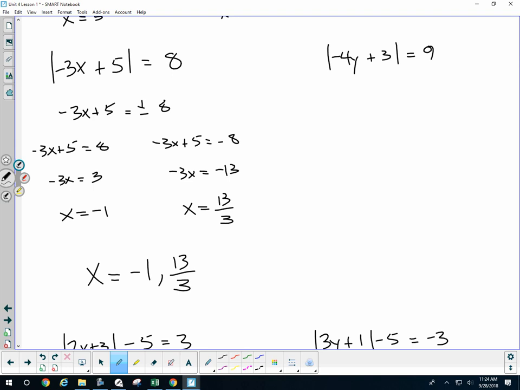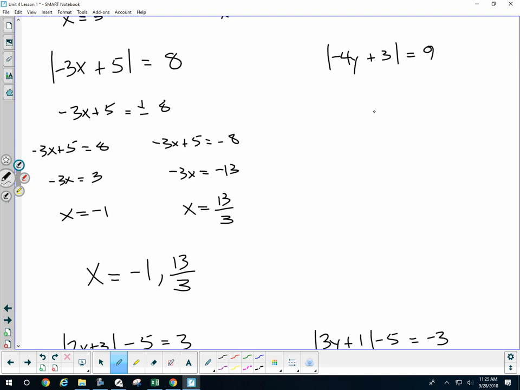Don't forget to divide by negative 3. And 8 plus negative 5, negative 13. Okay? I'm not going to simplify 13/3. I can't. I don't care if it's a decimal or not. It's a repeating decimal, so I'd rather have it as a fraction, because that's an exact answer.